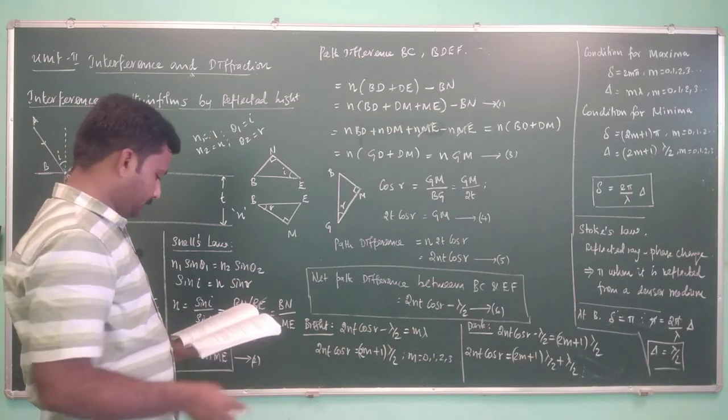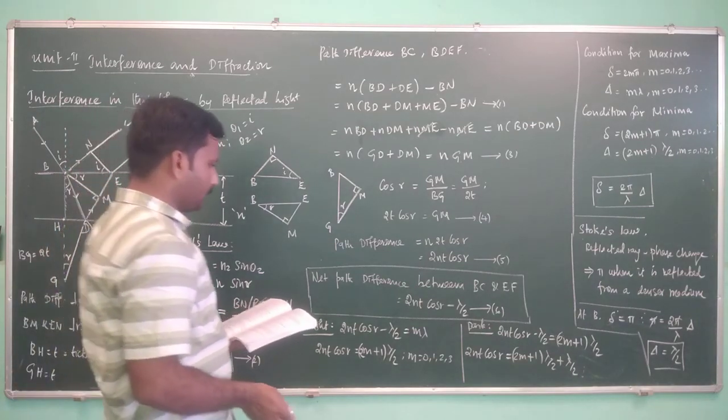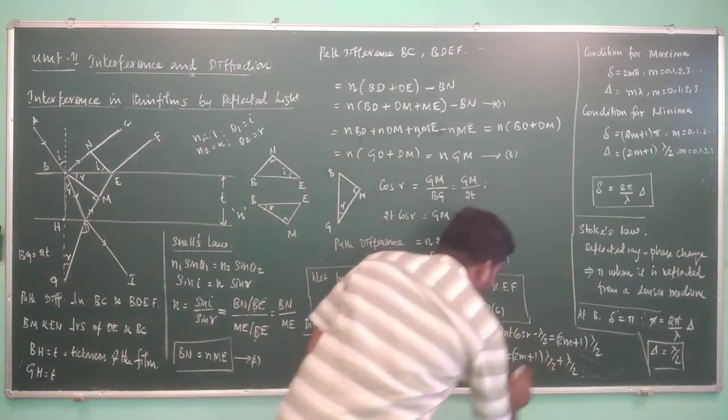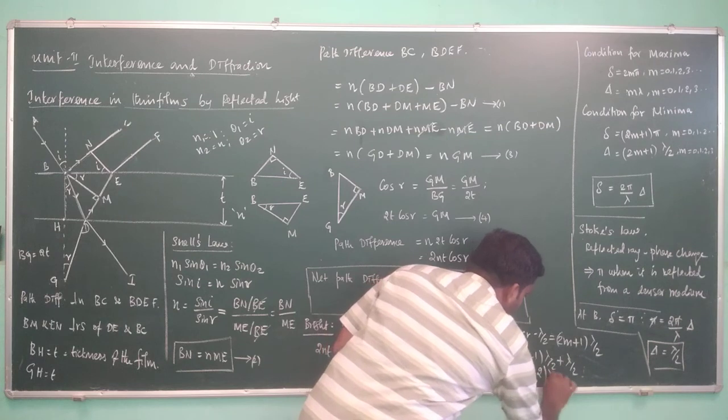So you can write, it becomes 2m plus 2 lambda by 2.